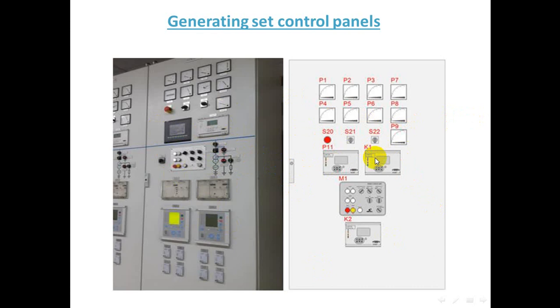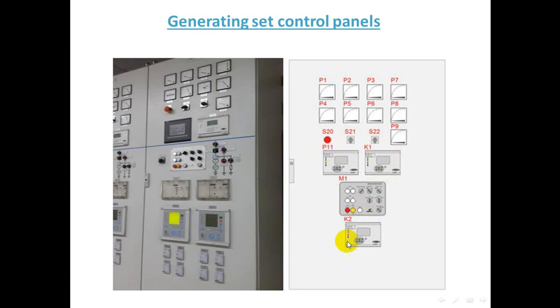K1. What does K1 mean? K1 is the generator protection relay, and we will explain it next week, inshallah. The relays will be explained next week.